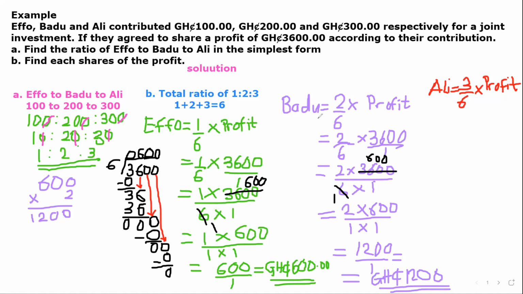Ali share of the profits. Now, the fraction for Ali is 3 out of the total ratio, which is the 6.